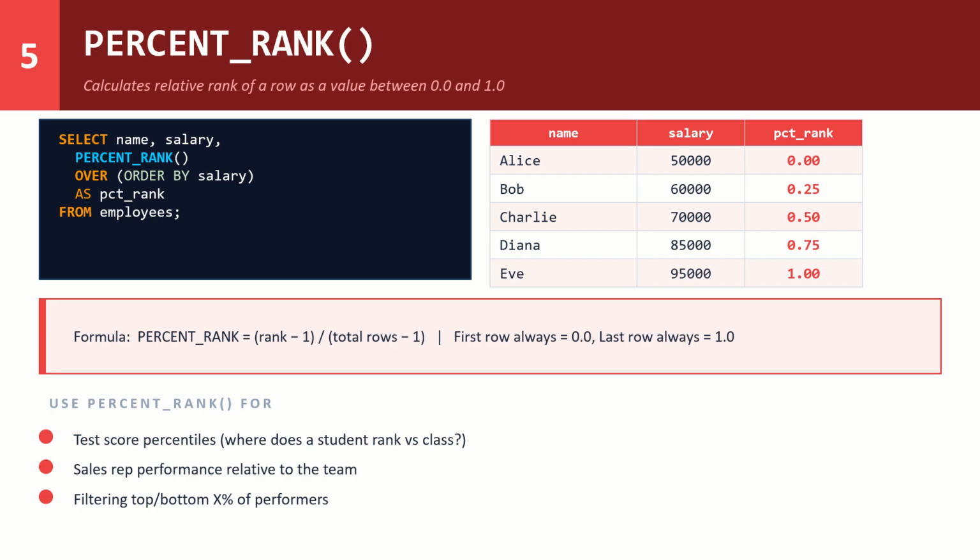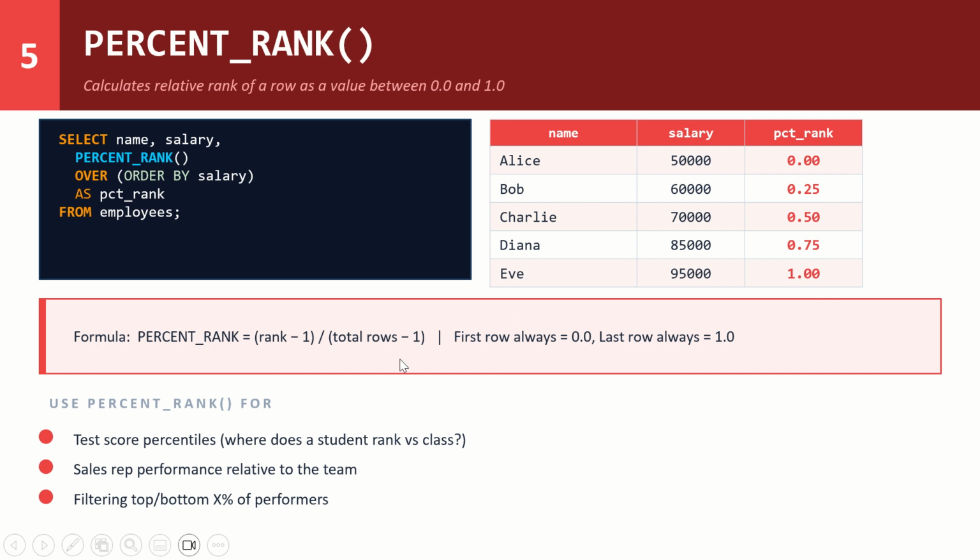So this is percent rank, and the syntax is similar to what we have seen for row number, dense rank, rank, and NTILE. You just replace the function here with percent rank, and you will see this is the output. So the result is always between 0 and 1. So Alice will get 0, Bob 0.25, Charlie 0.5, Diana 0.75, and Eve 1.